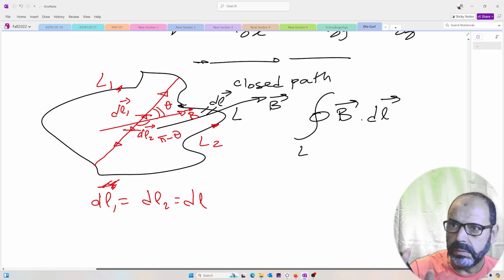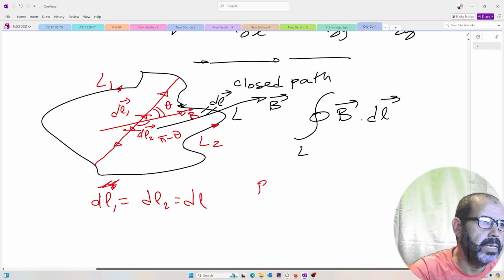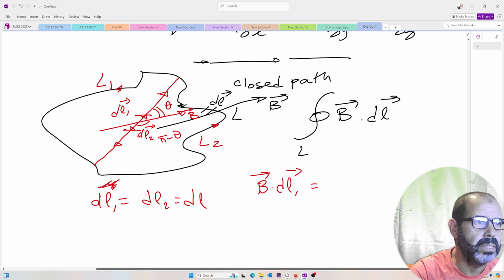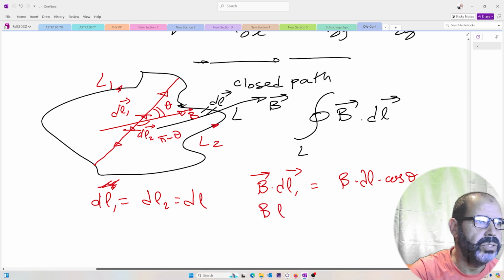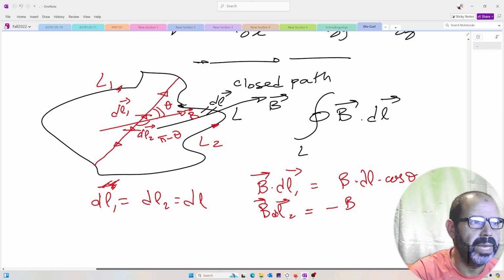So same thing. What we're saying here is b dot dl1 is b times dl1, and dl2 and dl are all the same, times the cosine of the angle between them, which is theta. b dot dl2, on the other hand, is going to involve cosine of pi minus theta, which is a negative cosine of theta.